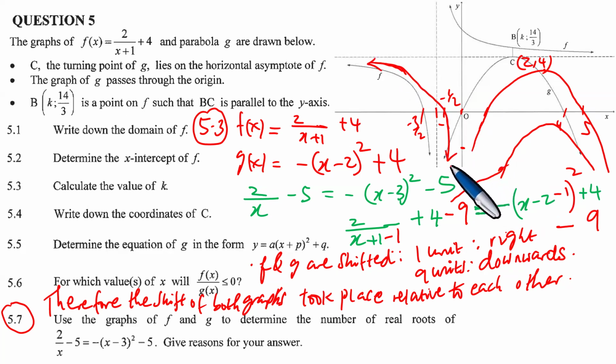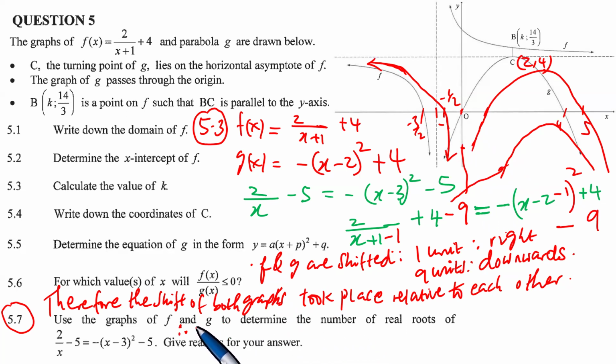And as it still does this, a couple of things remain very important. It is the fact that these graphs, because this one is going to have its asymptote as the y-axis, will still intersect in the third quadrant. So we need to mention that part. This means, therefore, now you determine the number of real roots.